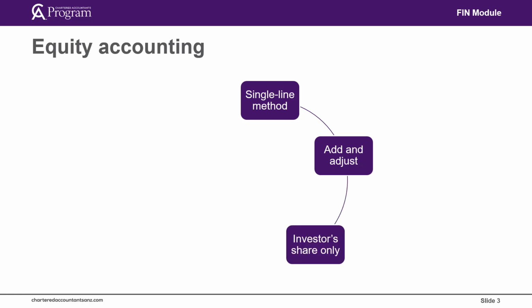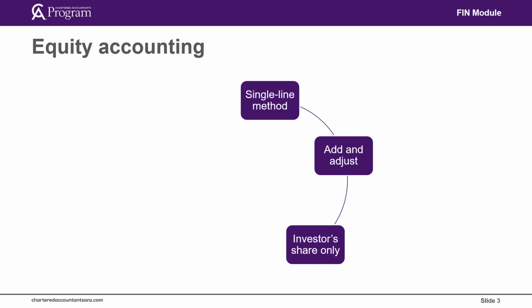In taking this add and adjust approach, we are recognizing only the investor's share of the associate or joint venture based on the investor's ownership percentage. This again is in contrast to consolidation, where 100% of the subsidiaries' balances are included in the consolidated financial statements, regardless if the subsidiary is partly or wholly owned.